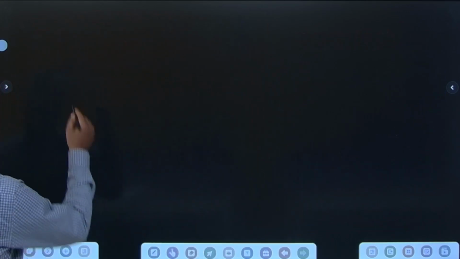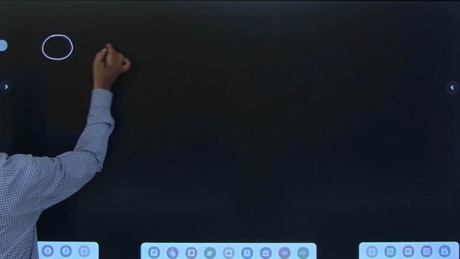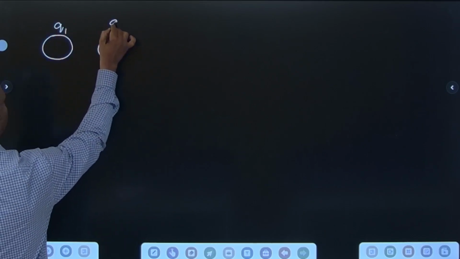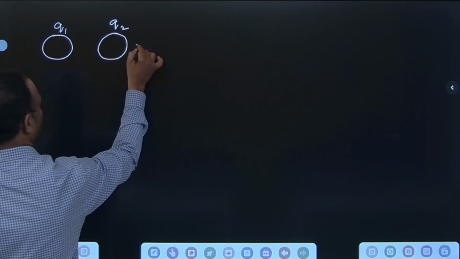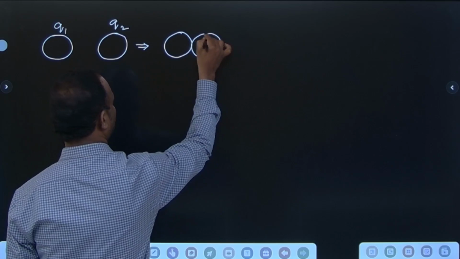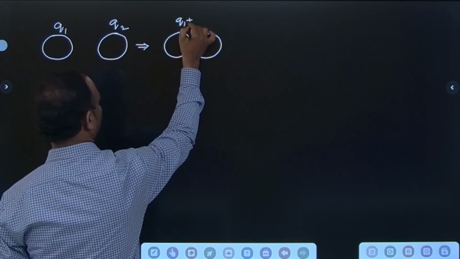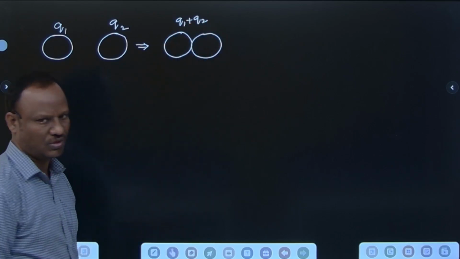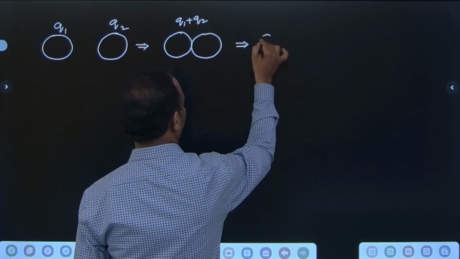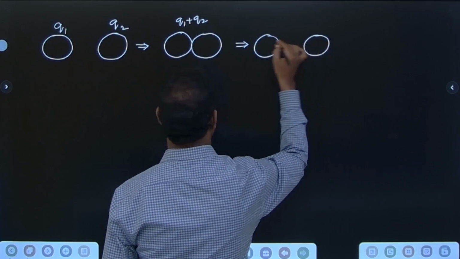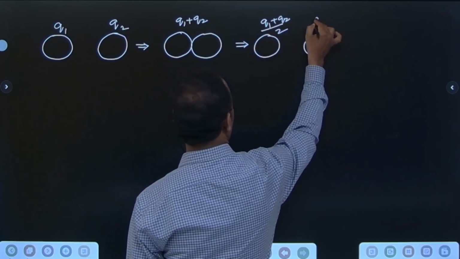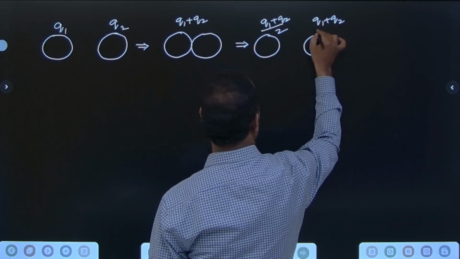So now here is the charged body, and the next one is this. Its charge is Q1, the next one is Q2. Both are made in contact, which means connected. The total charge becomes Q1 plus Q2. Next, they are separated again. After the separation, the charges are Q1 plus Q2 by 2 and Q1 plus Q2 by 2.